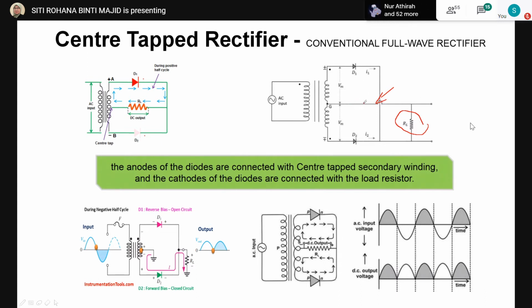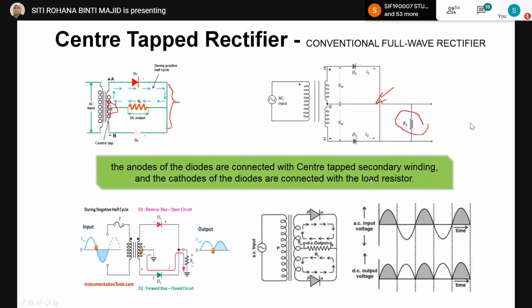The center tap refers to this part, in which we divide these two lines into two parts, the first half and the second half. The anode of the diode is connected to the center tap secondary winding, and the cathode of the diodes are connected to the load resistor.